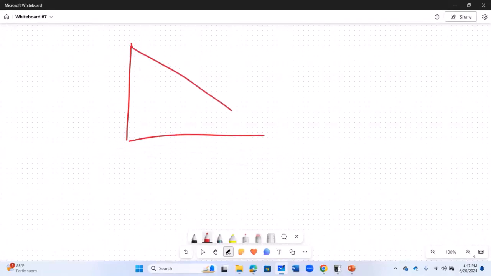So this is a right triangle, and the point is, we know this is X and this is Y, and this is a unit circle. This angle we don't know. It's an angle on a unit circle, but it's an unknown angle.